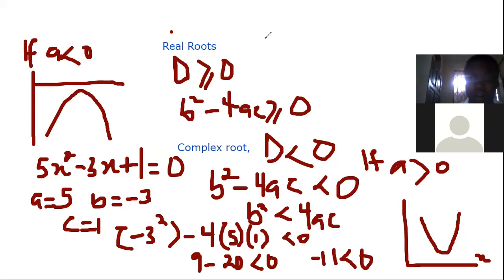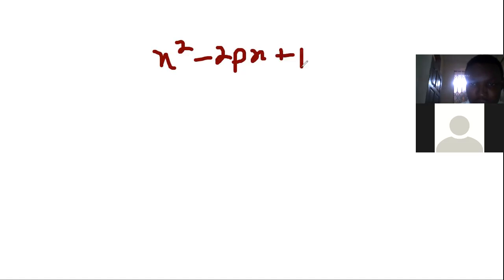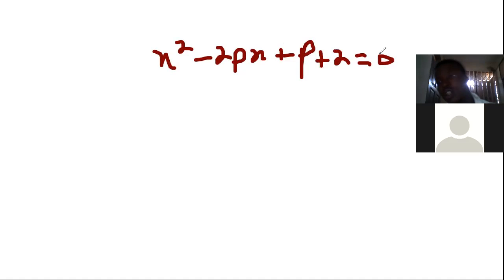Okay. For what values of p will the equation x squared minus 2px plus p plus 2 is equal to 0 have equal roots? Did you get the question?